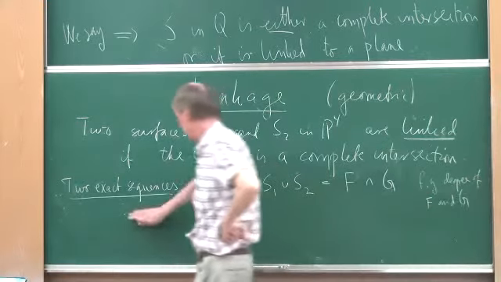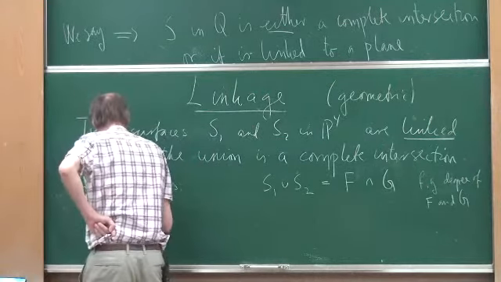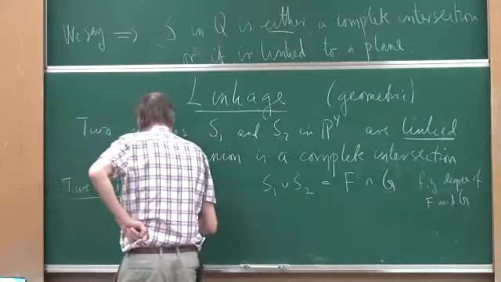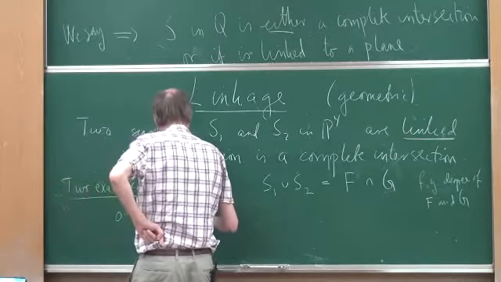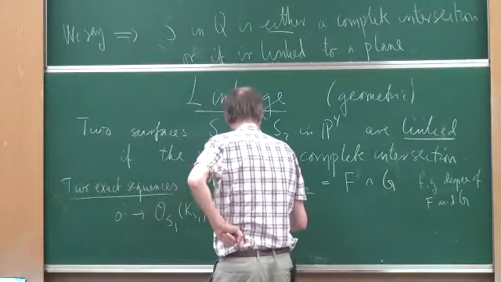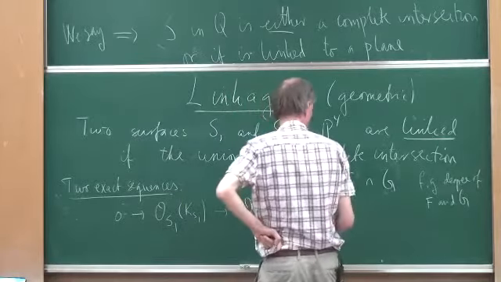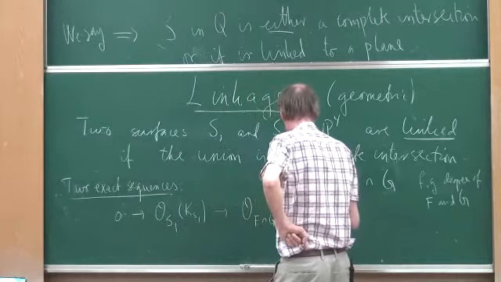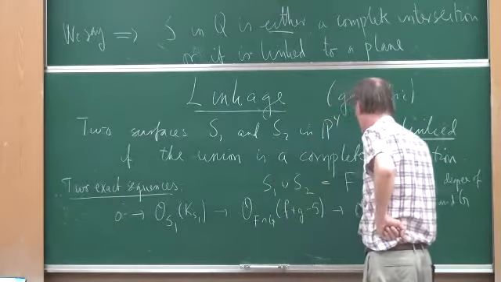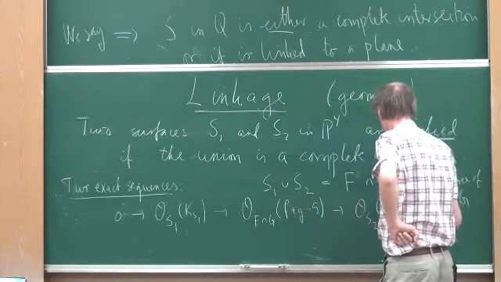Then there are the following exact sequences. S1 of K S1, of the union, and now it's F plus G minus 5, and then on the other side O S2 F plus G minus 5.